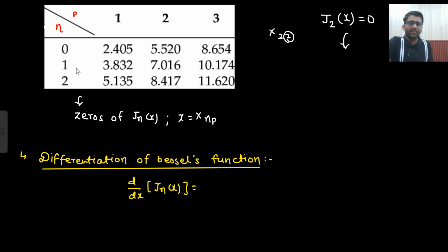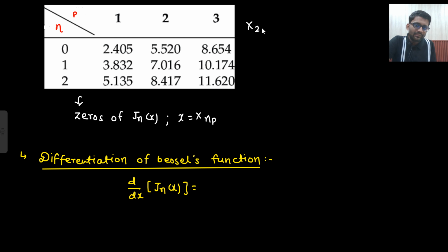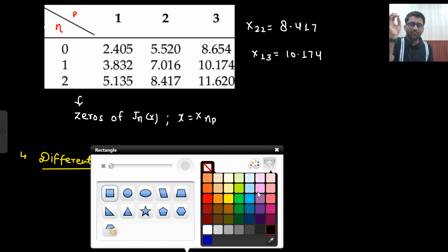So this value is 8.417. If I ask you what is the value of x_13, so for n equals 1, at what value of x is J1(x) becoming 0 for the third time? So 1, 3, so 10.174.